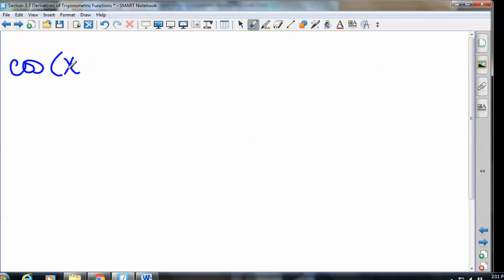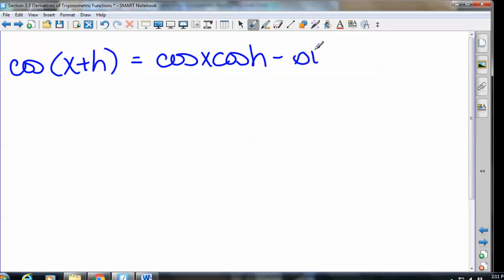We're going to need another trig rule here that I forgot to write down at the beginning. Another formula from trig that we're going to be using on this one. Cosine of x plus h is cosine x cosine h minus sine x sine h.